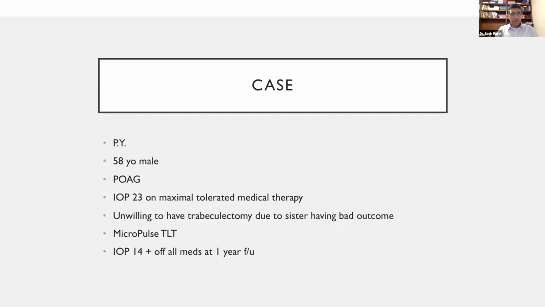Another case of a 58-year-old male with open-angle glaucoma, pressure of 23 on maximal medical therapy, unwilling to have a trabeculectomy because his sister had a very bad outcome from having the same procedure. So I offered him MicroPulse TLT, and he's done very well. His pressure is 14 and he's off all medications at 1 year of follow-up.